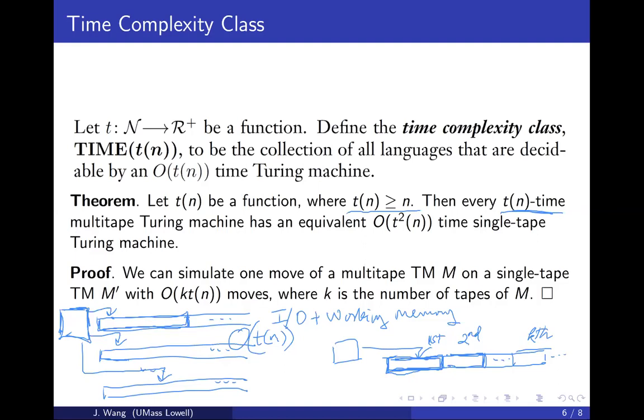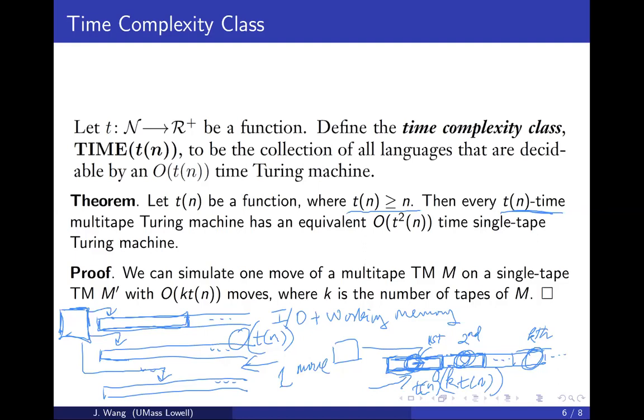Now for one move of the multi-tape Turing machine, you look at how each of these is going to change, get this configuration. So you change that and then you move here, you move here. That means for each move on the left, you're going to need k times t of n, with a big O, many different moves to simulate that move.